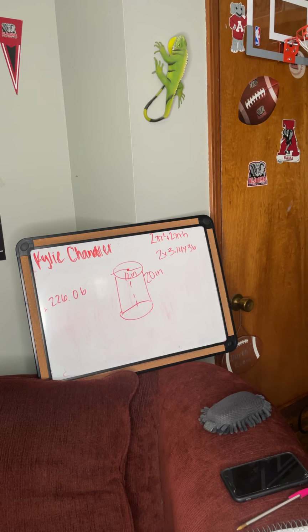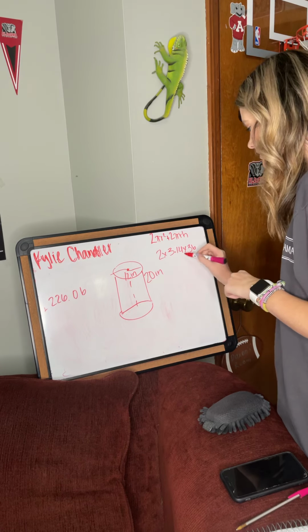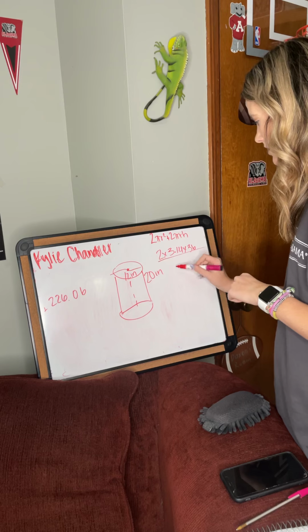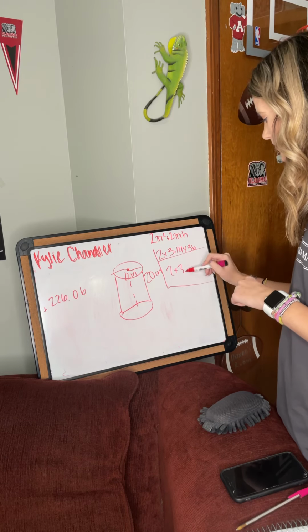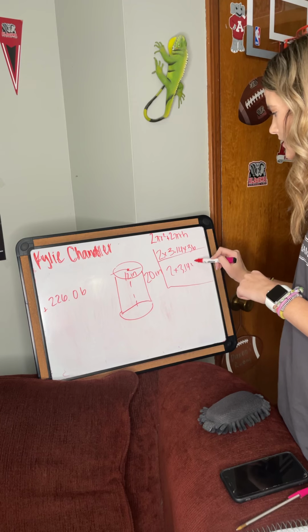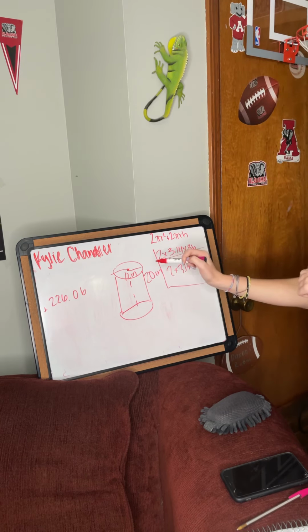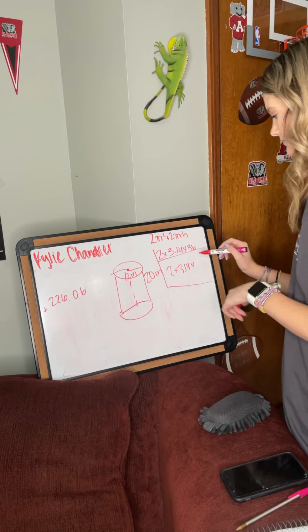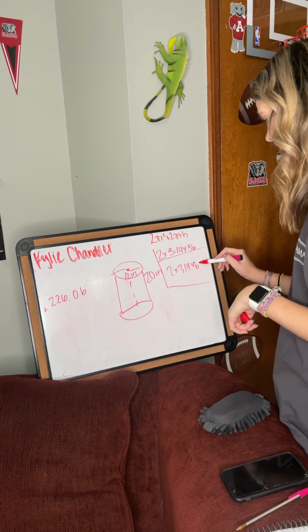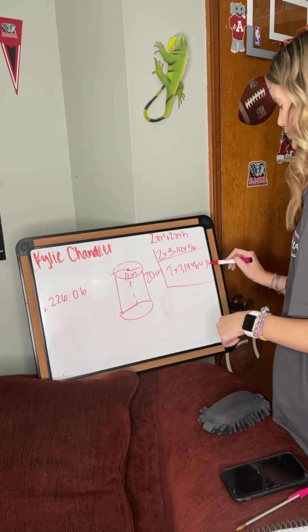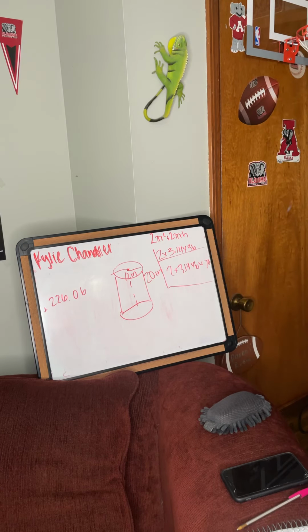2 pi r h, so that's the second half. 2 times 3.14 times the radius, 6. We're not squaring it this time. So the radius is 6, and then times the height, which is 20.